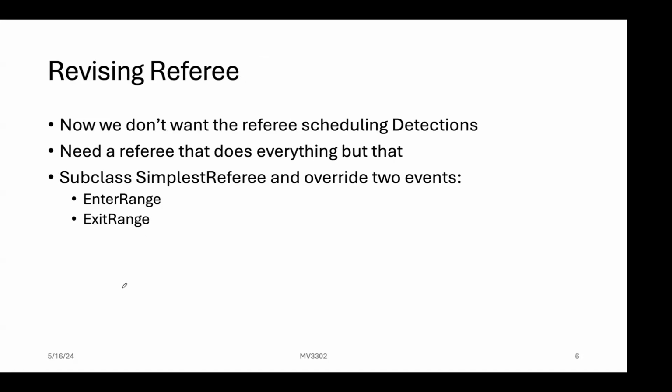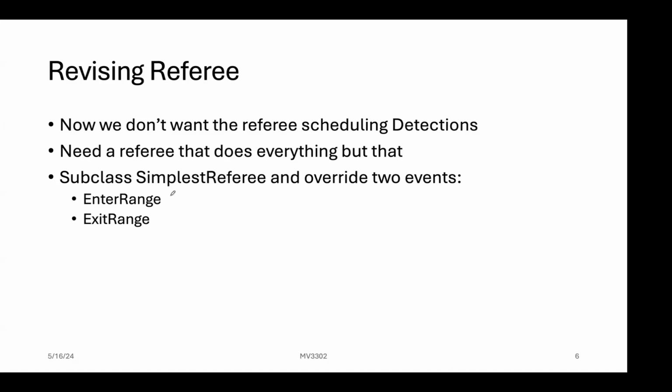Okay, so the first thing is, as I said, the referee has no business scheduling the detections. In the past, when I do this, we have to wait until we do the mediators to actually get to the detections when we have implementation. I decided that was too much.